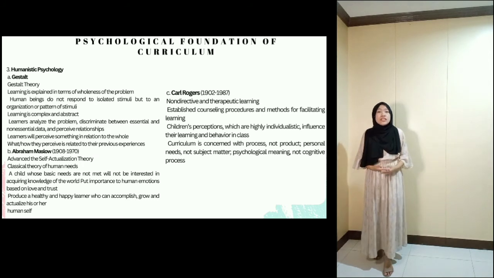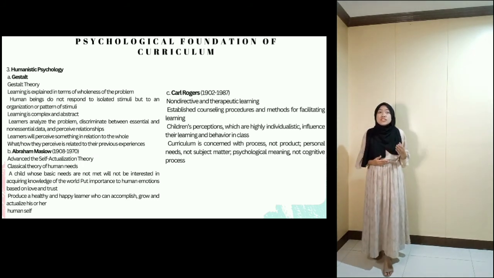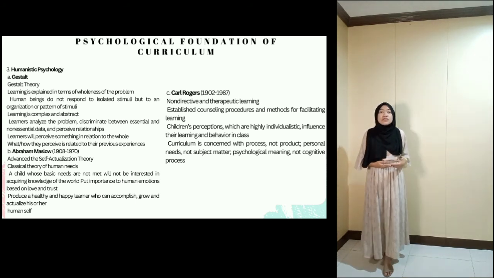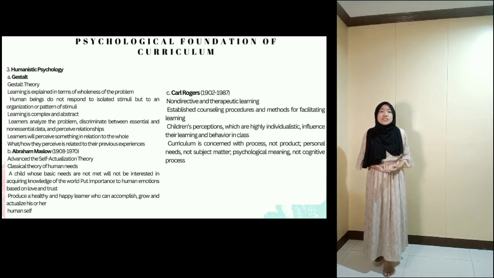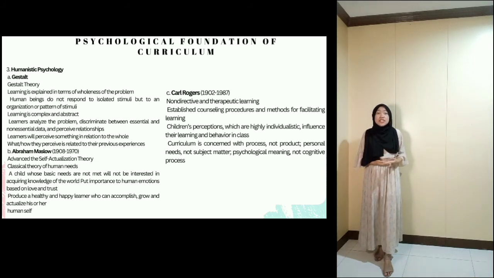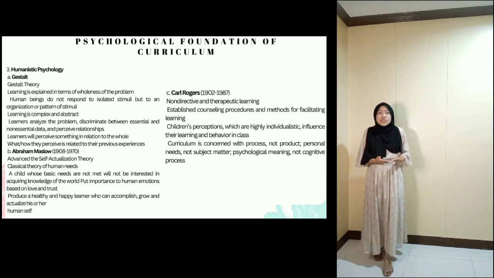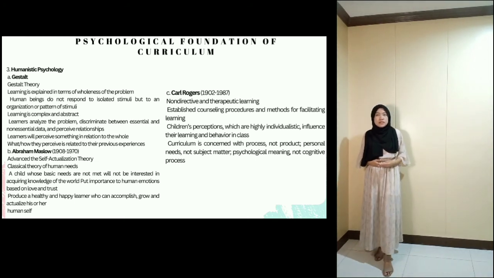Learners analyze the problem, discriminate between essential and non-essential data, and perceive relationships. Learners will perceive something in relation to the whole. What or how they perceive is related to their previous experiences.